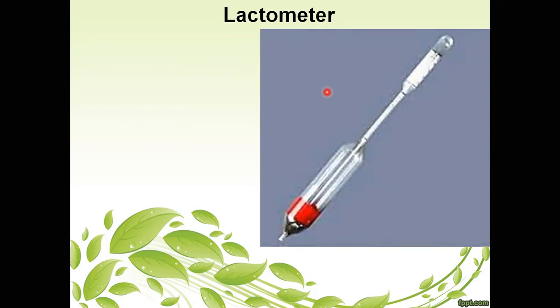Some milkmen, having a good reputation, try to satisfy their customers by using an instrument. The name of the instrument is the lactometer. The lactometer is used to measure the purity of milk or the amount of water added to the milk.